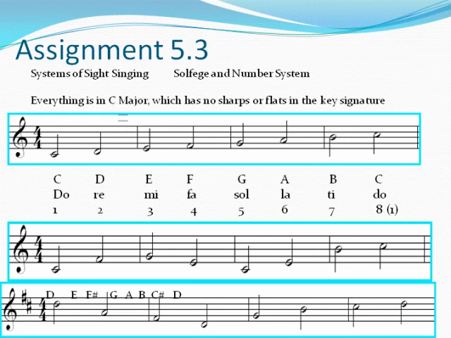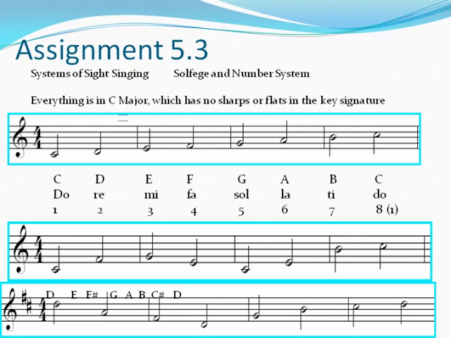If I assign those pitches to the solfege system, they are going to be do, re, mi, fa, sol, la, ti, do. If I assign them to numbers, they are 1, 2, 3, 4, 5, 6, 7, 8, or 1. So there are 2 different ways to do it.